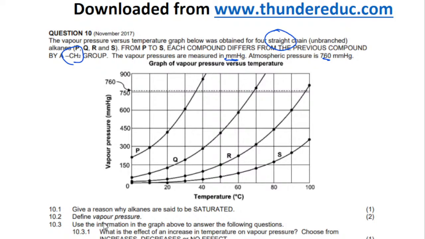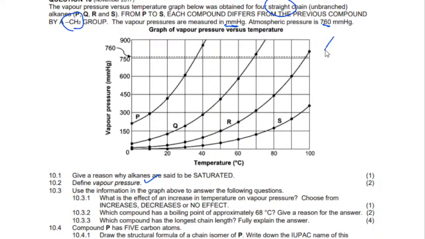Vapor pressure. What is vapor pressure? Vapor pressure is the pressure exerted by the vapor in equilibrium with its liquid. Don't forget that with these questions, you either get all the marks or you lose them.